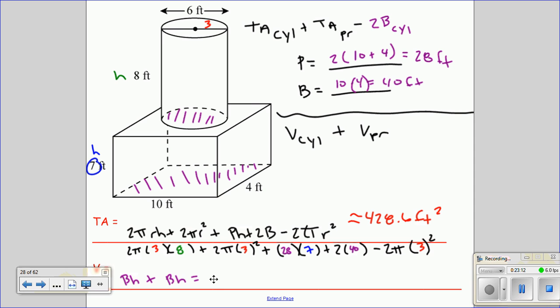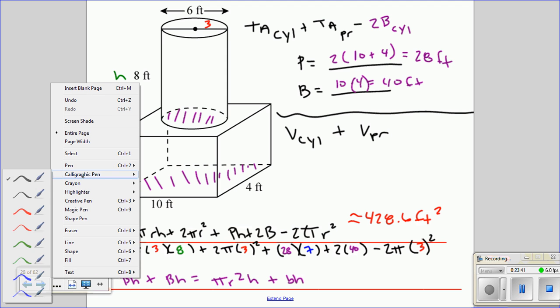For a cylinder, B is found by taking pi r squared times your H, plus for a prism, it's going to be B times H. Nah, let's not use that one. It's a rectangular prism.